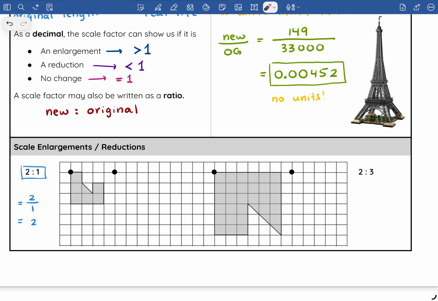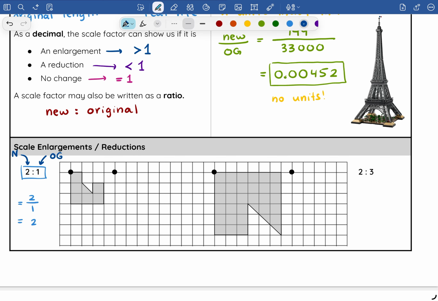So we're expecting whatever this shape is to get bigger by a factor of 2. Another way to think about it is, again, that the first number represents our new shape and the second number represents our original shape. So what we're saying is for every 1 box on our original shape, it'll become 2 boxes on the new shape.